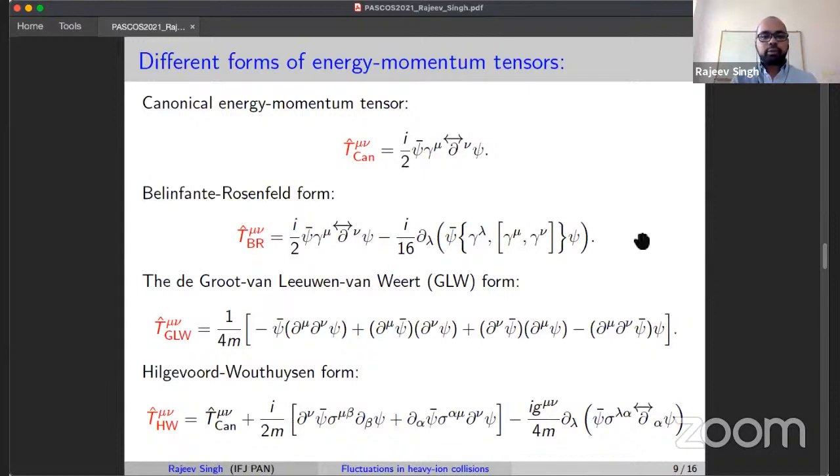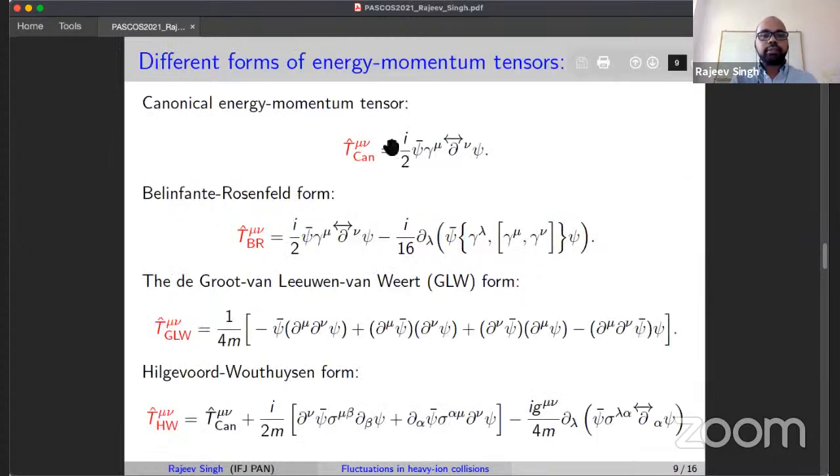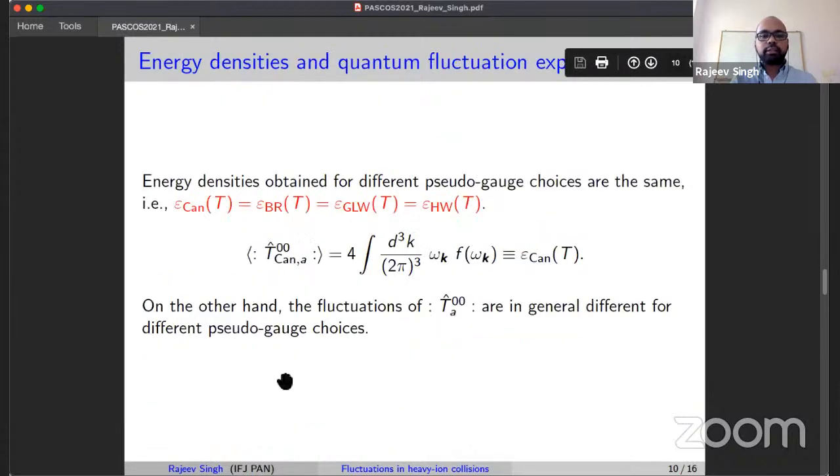Now I will do the calculation for T00 of each energy momentum tensor and find the fluctuation expression for each of them. Interestingly, for each T mu nu we found that the energy density, the average value of the energy momentum tensor, is the same.